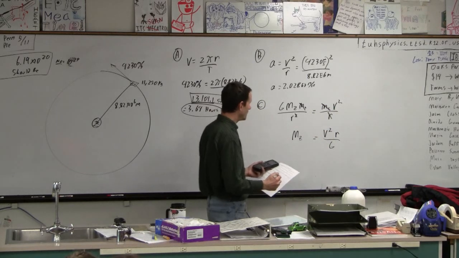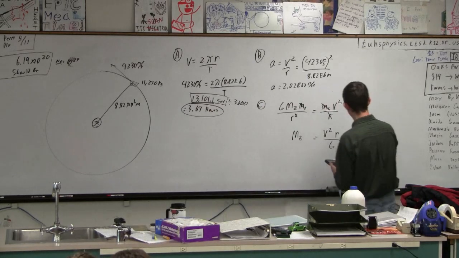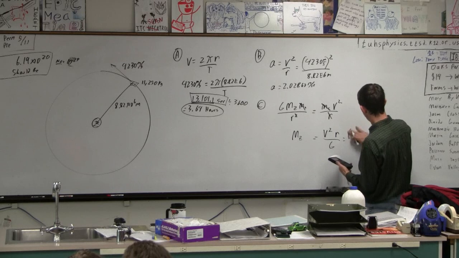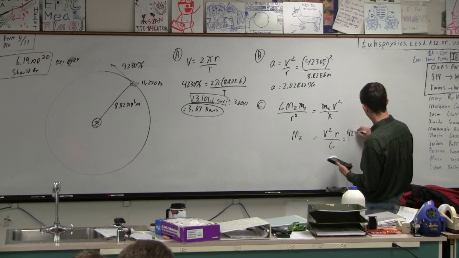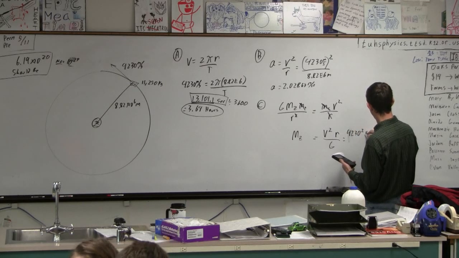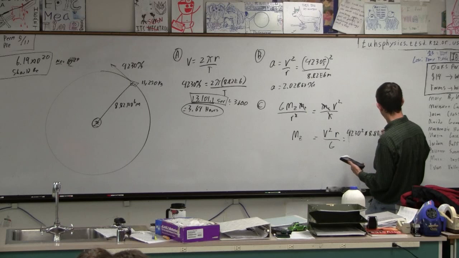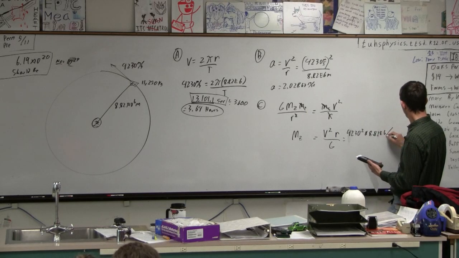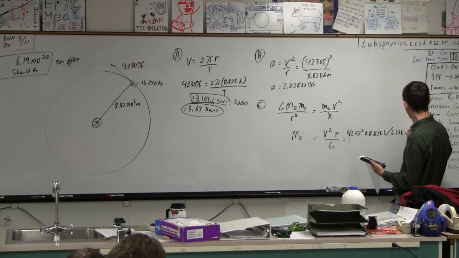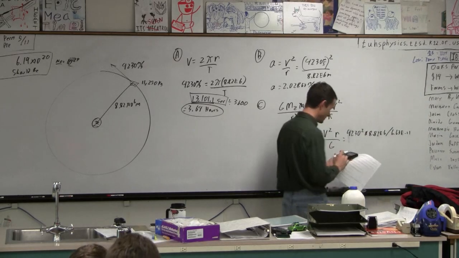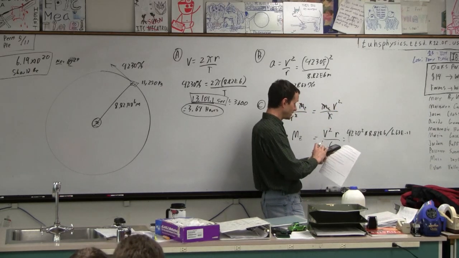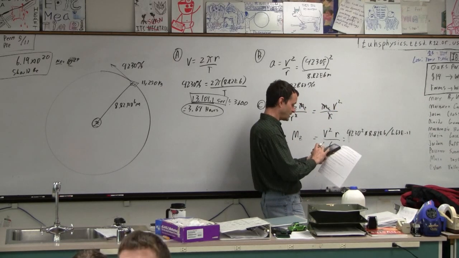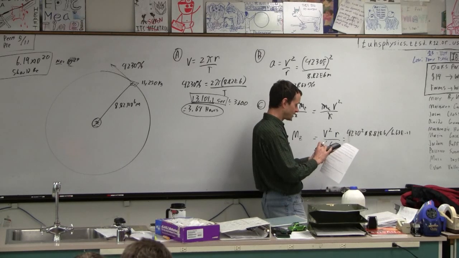Get that, right? And then literally in my calculator, I don't need a parenthesis, I'm just going to go 4230 squared times 8.82 E6 divided by 6.67 E minus 11. When I divided, I needed to multiply.